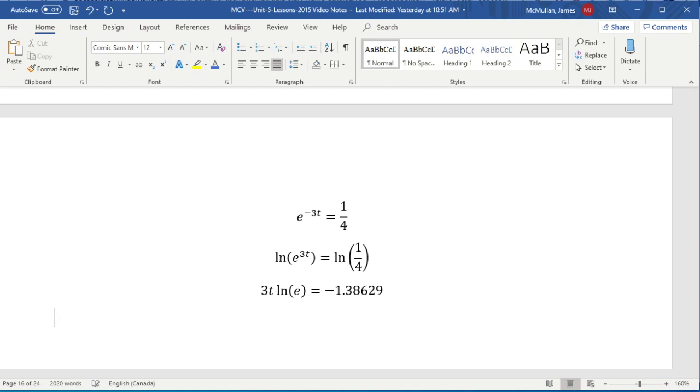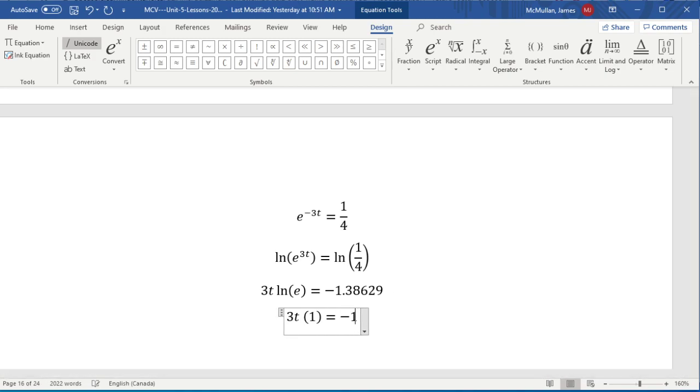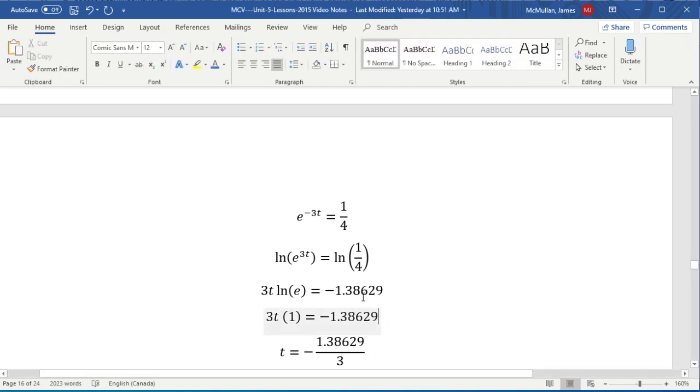Now what I'm going to do, of course I know that 3t ln e is just equal to 3t, which means t is equal to negative 1.386229 divided by 3. Okay, now something's wrong because, oh, I see. Sorry, my exponent up here was negative.